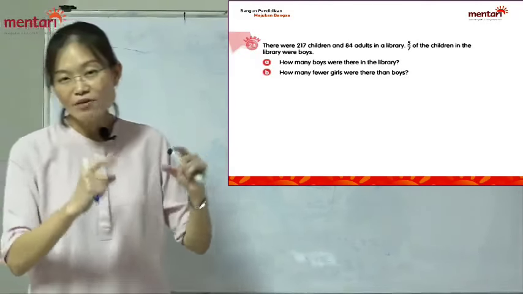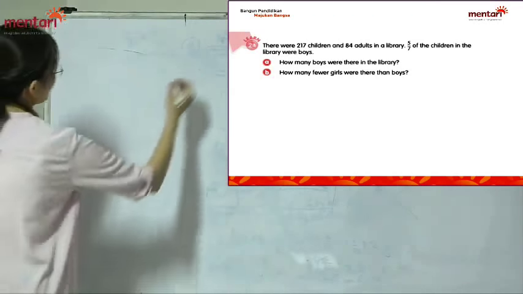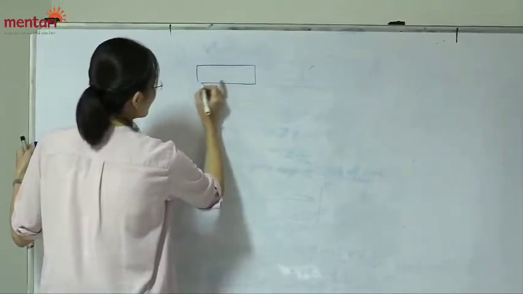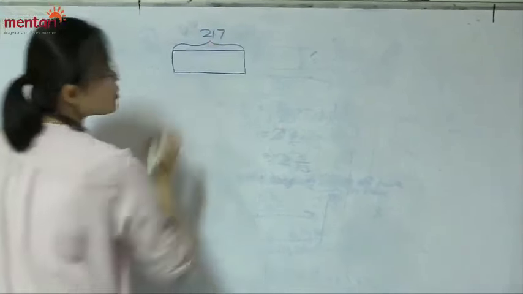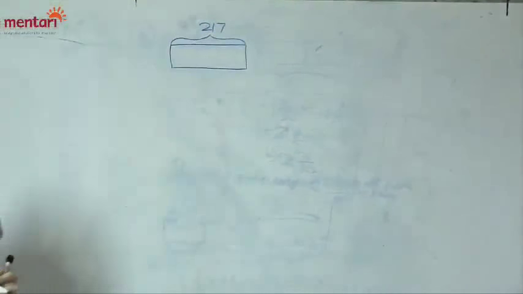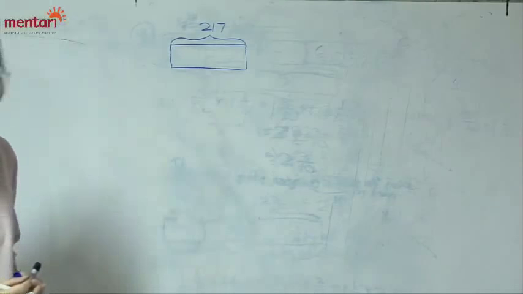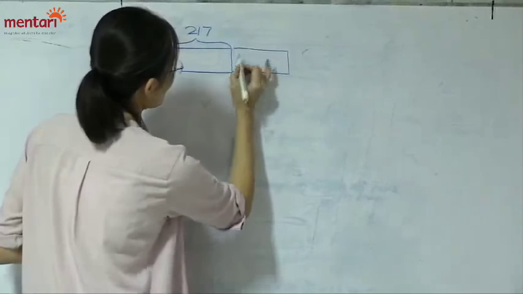So we can use one rectangle for children and one rectangle for adults. If this is the rectangle for children, and there are 217 children, all right? We are going to also use adults, 84. I think that will be shorter. 84 here.